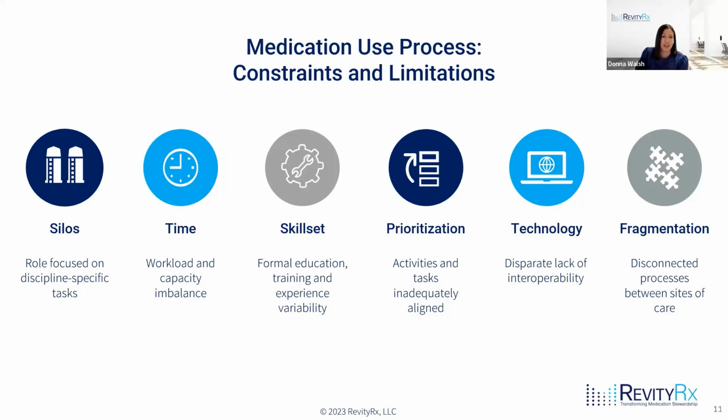Unfortunately, I think we all know, again, the fragmented nature of the US healthcare system makes implementing a very cohesive, seamless med use process very challenging. Silos do exist in acute and ambulatory. However, we are seeing greater silos now exist in the ambulatory care setting. This is largely due in part to the fact that in the acute care environment, the care team's known, they're often together or readily accessible. You're in more of a controlled environment and often with a captive patient or a patient that is present.